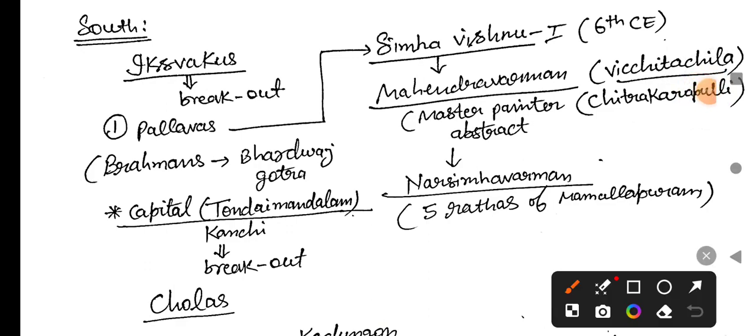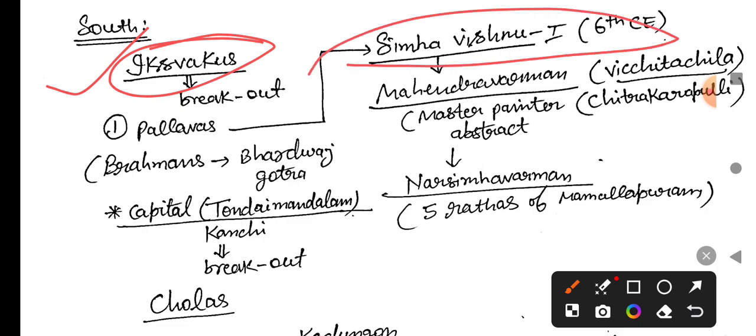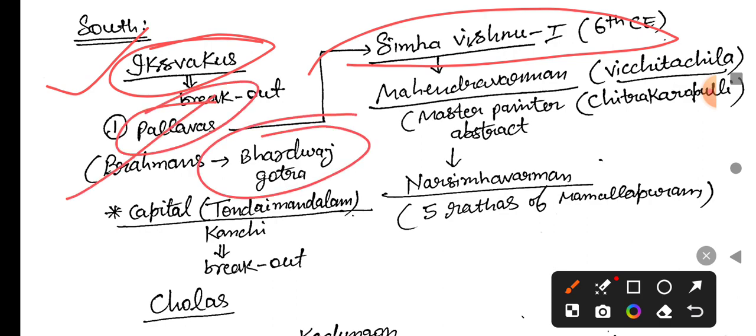And we will move to the south. The Ikshvakus were a kingdom, and after the Ikshvakus broke out, the Pallavas captured this territory. The Pallavas' founder was Simhavishnu I in the 6th century CE, and the Pallavas were mainly Brahmins of Bharadwaja Gotra.